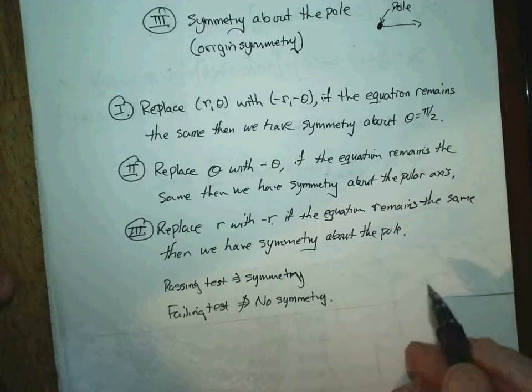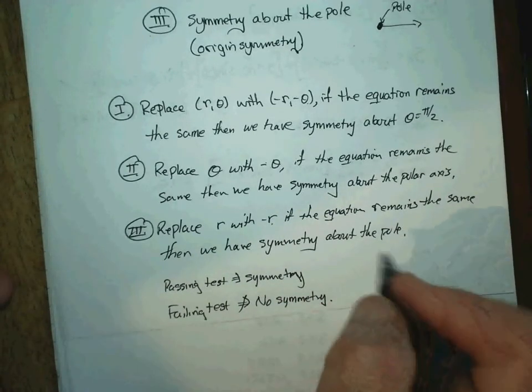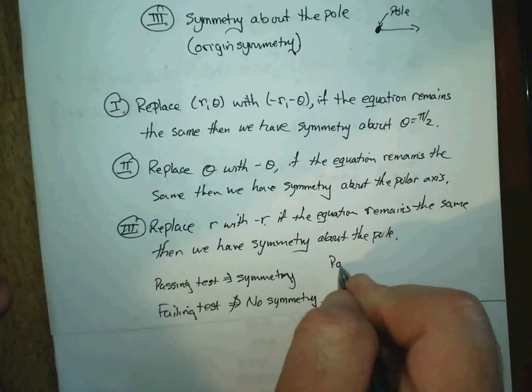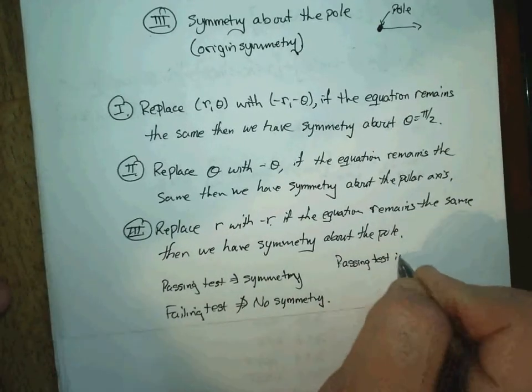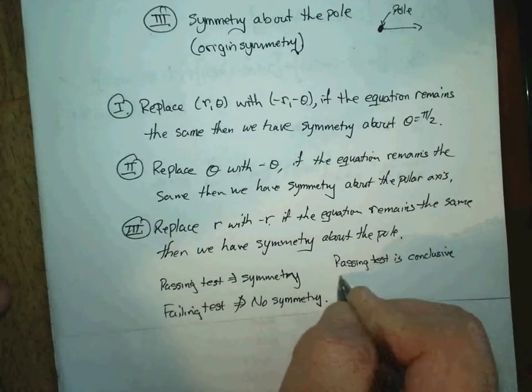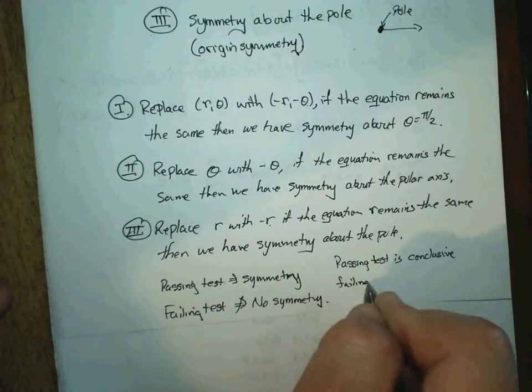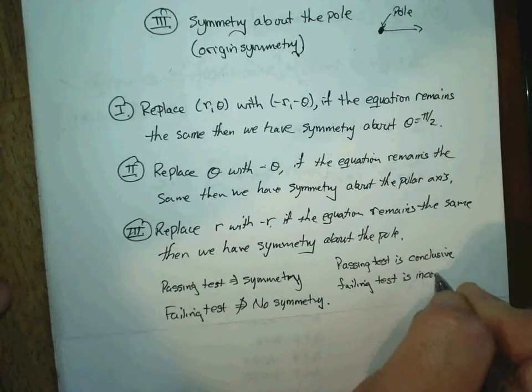If you pass the test, you have a conclusion. If you fail the test, it is inconclusive. Passing the test is conclusive. Failing the test is inconclusive.